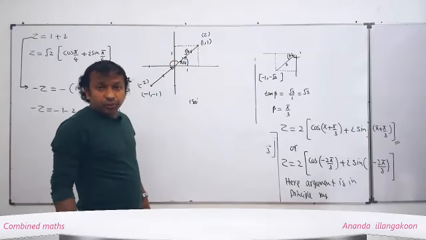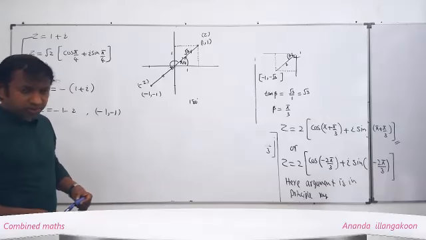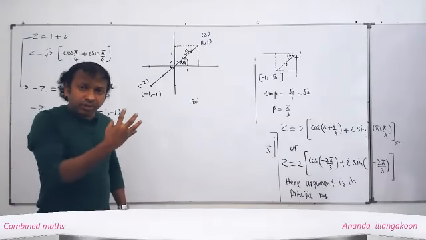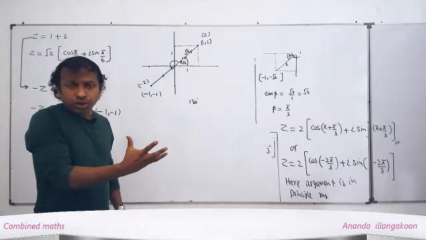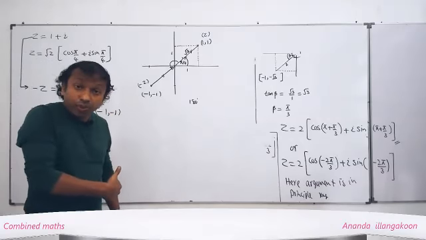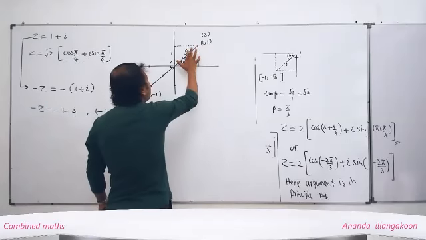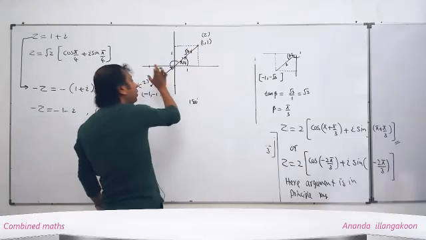Then, people, to get the negative complex number, the line segment that represents the complex number should be reversed from the origin, not from the ending point. This same line segment you have to draw from the origin in the opposite direction so that this length and the new length are equal.